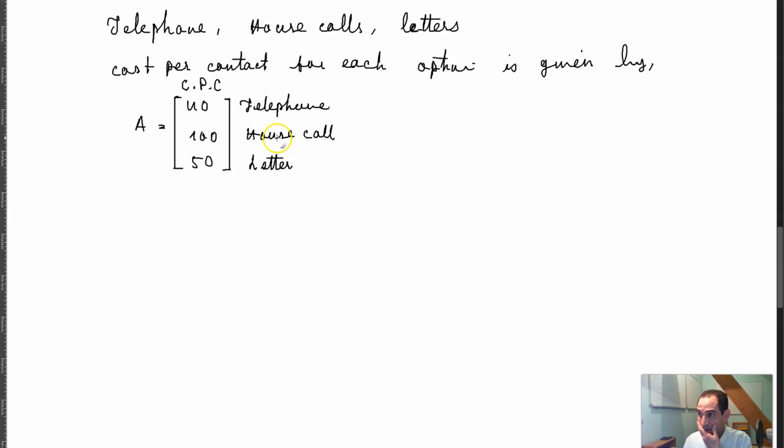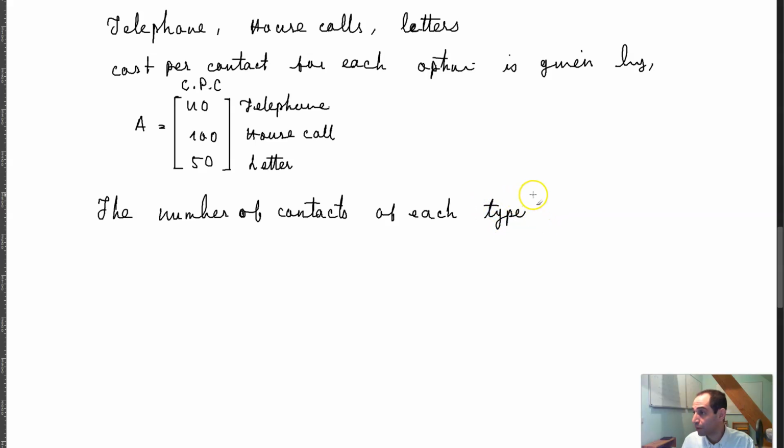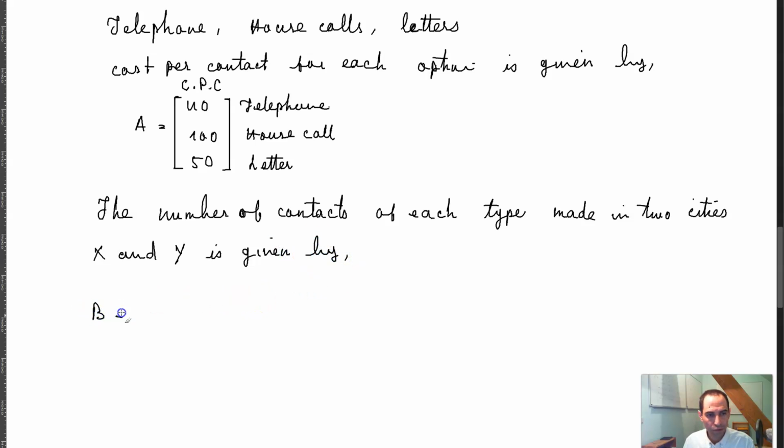Given as this matrix. Now the number of contacts of each type made in two cities X and Y is given by B, which is equal to 1,000, 500, 5,000, 3,000, 1,000, and 10,000.